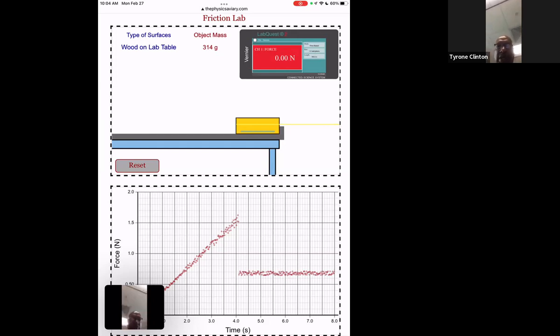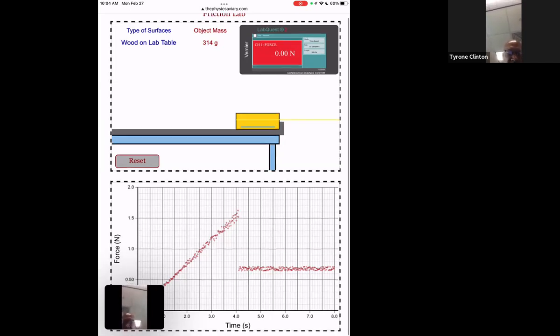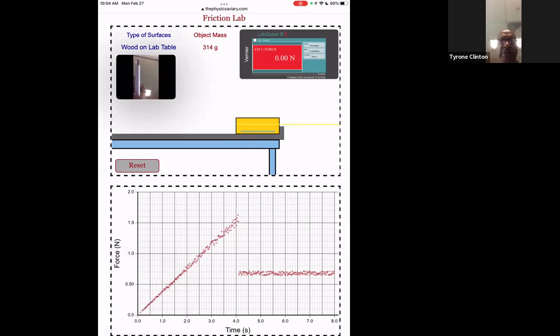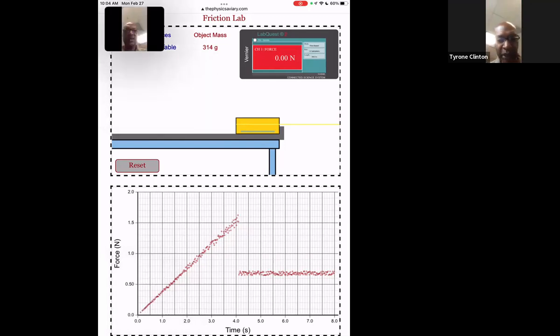Now, what we're looking at here is the chart down below, we're exerting some force. Let me move my inset there. We're applying a force up to the point where the force of friction is exerting some force on the block and vice versa, such that this block doesn't move.